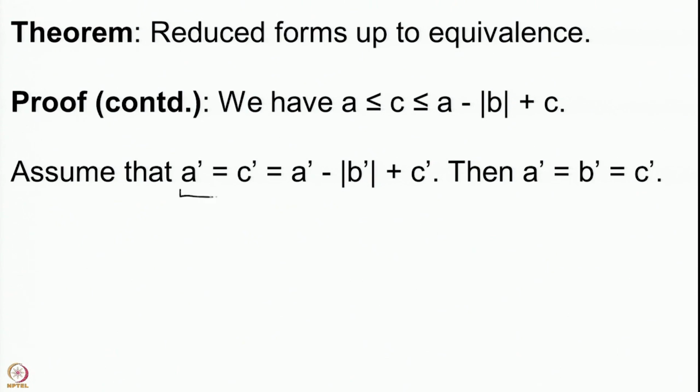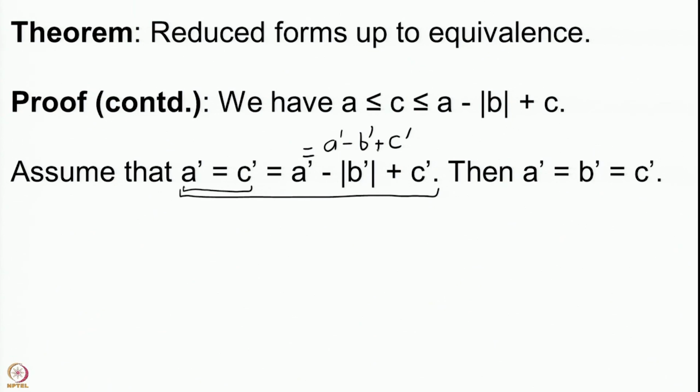And of course, to have this possibility, because A prime is equal to C prime, B prime is positive, and therefore, this minus of mod reads A prime minus B prime plus C prime, and so we get that B prime also has to be equal to A prime and C prime.